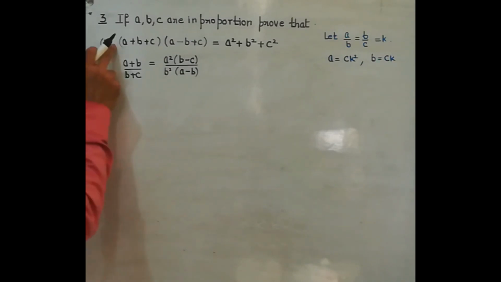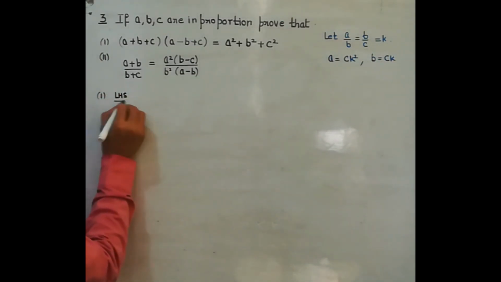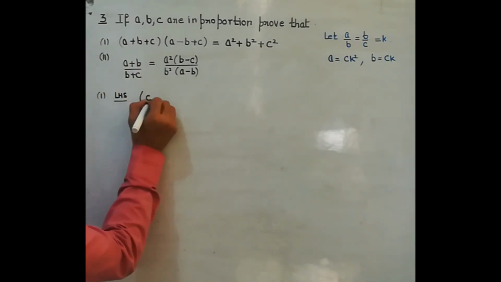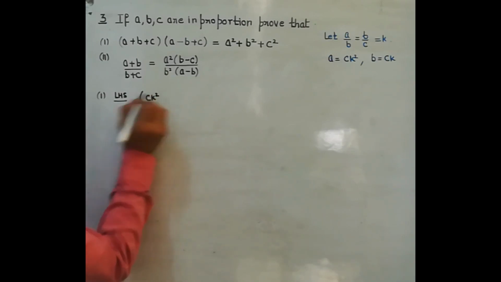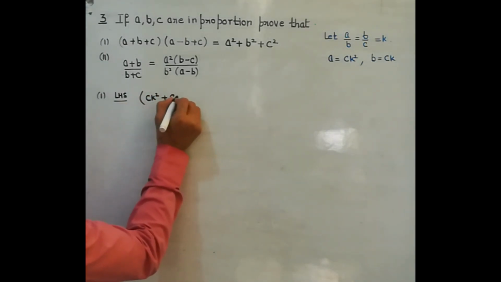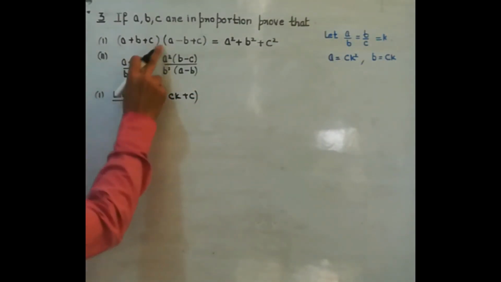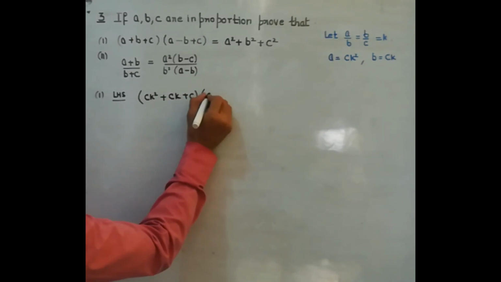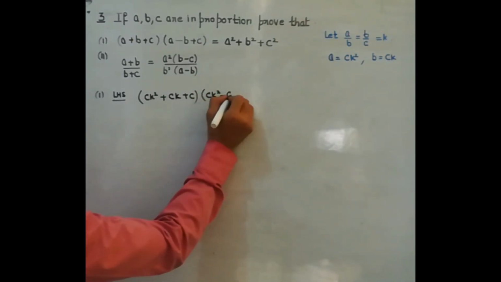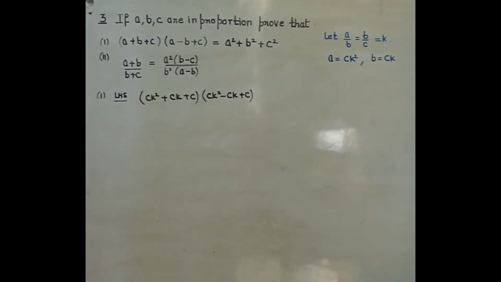Now starting with the first one, on the left hand side, let's do the substitution. In place of A, we are substituting Ck square. Then in place of B, Ck, and C will remain as it is in the first bracket. Now in the second bracket, A is Ck square, minus B is Ck, plus C. So this is clear.